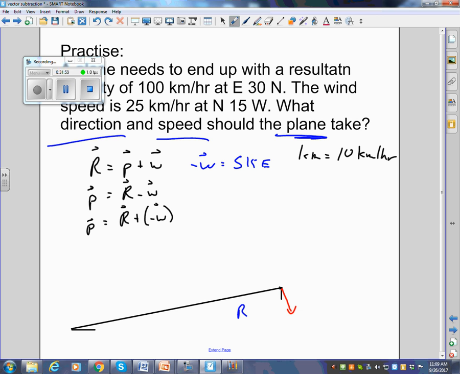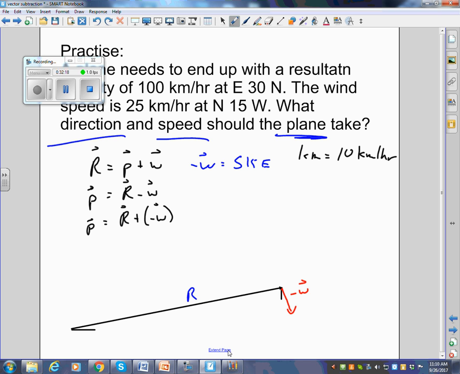Okay, and then your answer. This one is the resultant. This one here is minus wind. You should label it. It really helps me when I'm marking. Just follow your thinking when you label. And so this one here is going to be the plane.